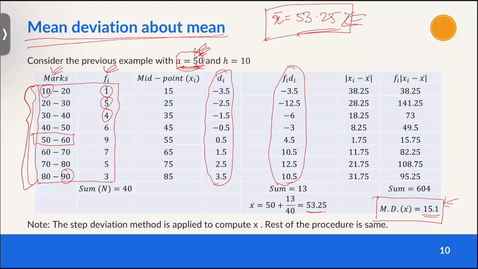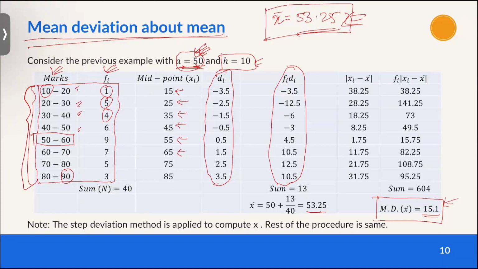And then I look at the deviation of each data point from the midpoint. The midpoint for the first class is 15, the second is 25, 35, 45, 55, and so on. I'm assuming that h is 10. You can take simple numbers like 5 or 10, which makes your calculations easy.